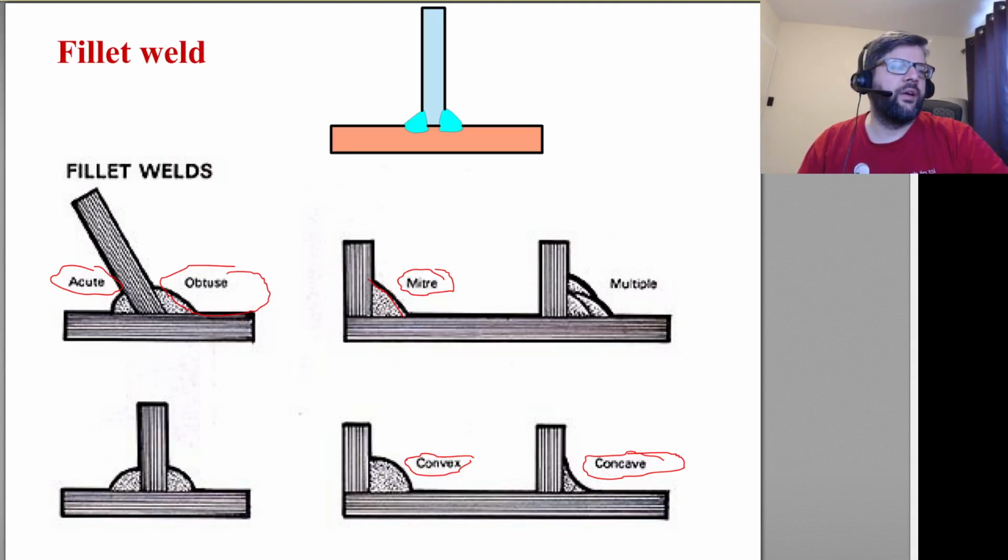You want to be erring on the side of convex instead of concave. And basically, we'll go over this in a bit, but the strength of the weld is basically determined by the distance from the corner here to the surface. And so, this distance T right there.